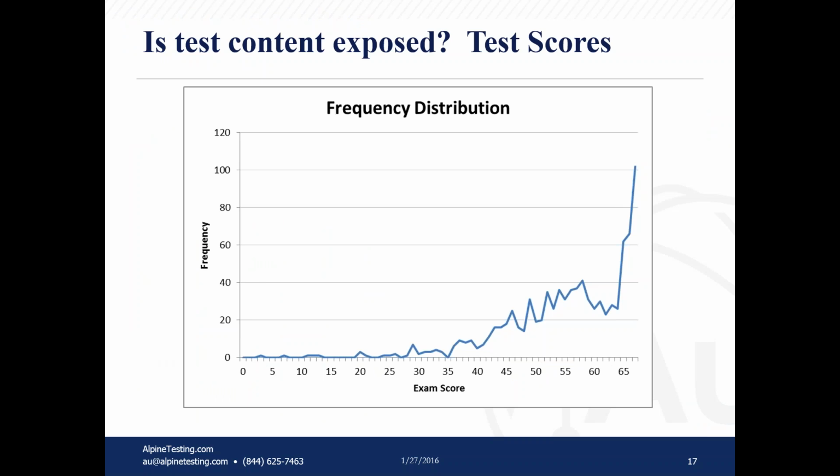When you see this incredibly high jump of people all the way at the end, where you've got 65, 70 items correct, or 65, 70 on the score. When there's that many people and such a disproportionate number of people are getting perfect scores or such high scores, that could be an immediate flag for you to be nervous and concerned that something might be happening on your test.